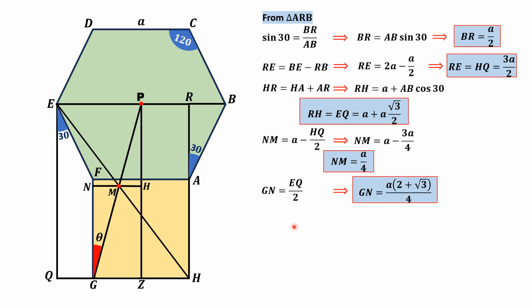Now we use tangent of theta in this triangle, and we can see that tangent of theta is equal to NM divided by GN.